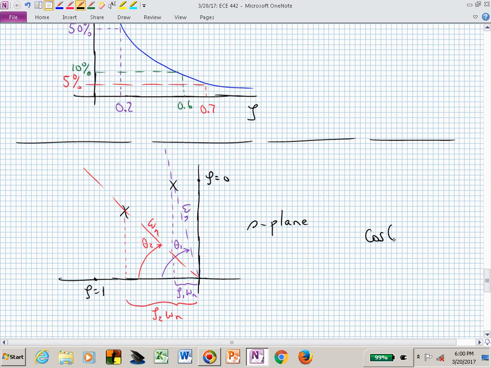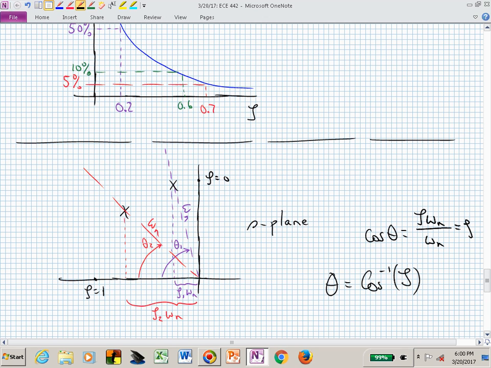Well, cosine of theta is the adjacent over the hypotenuse, or cosine of theta is now zeta. So you can relate theta to zeta, or theta is the inverse cosine of zeta.